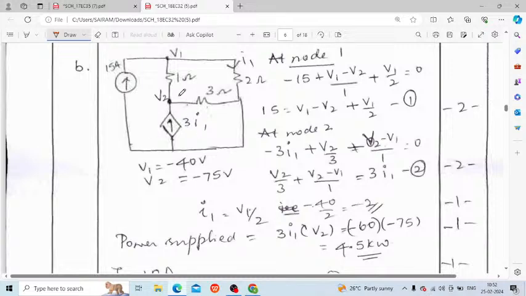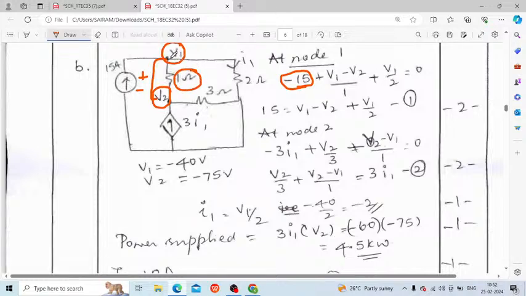So now node 1, which I had called node 1, right? So you have -15. There is a current directly given, so it is -15 because it is negative to positive, which is negative, right? Okay, and plus (V1 minus V2) by 1. This V1 minus V2 divided by 1 and plus V1 by 2.